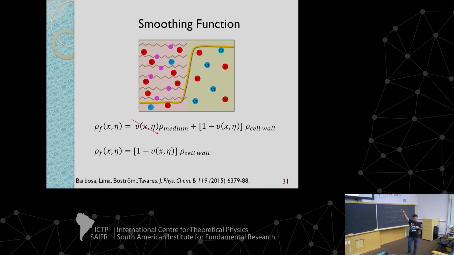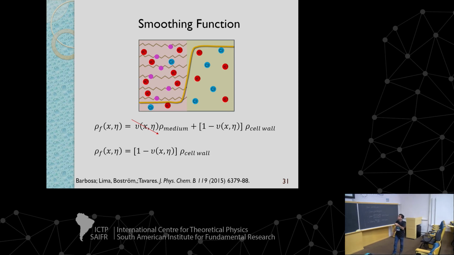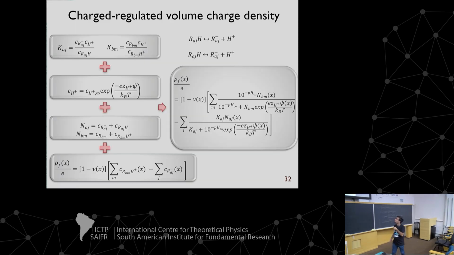And for this system, specifically the Saccharomyces cerevisiae cell wall, we have no fixed charge in one of the media. So it is 0 here, and we get this expression.